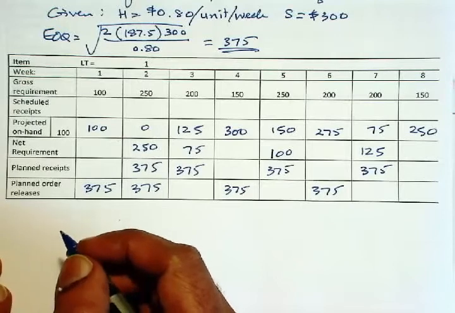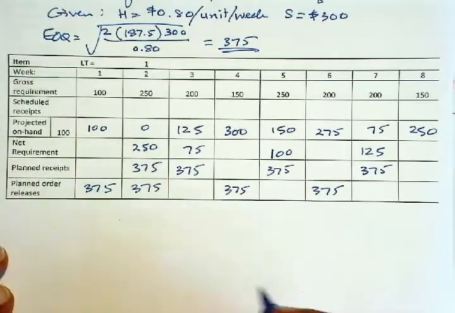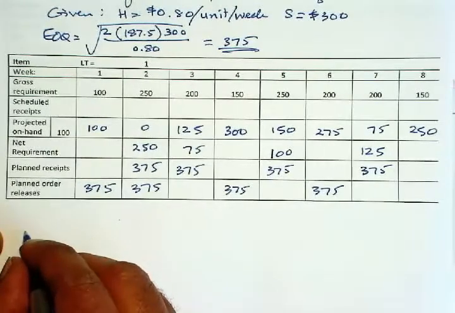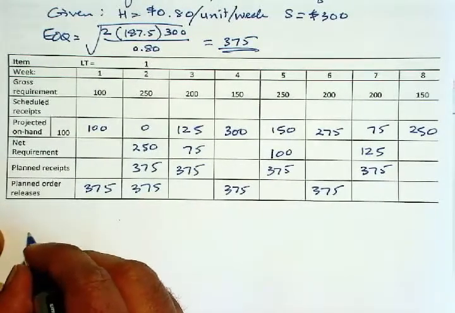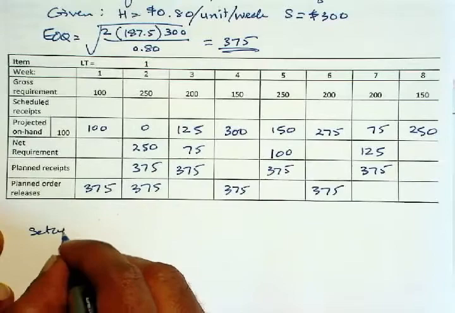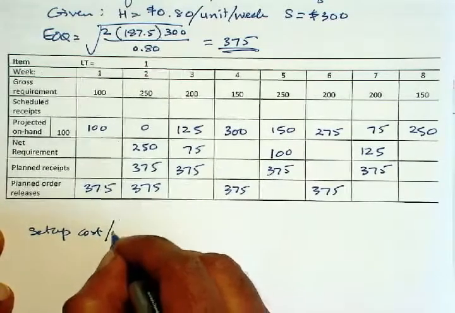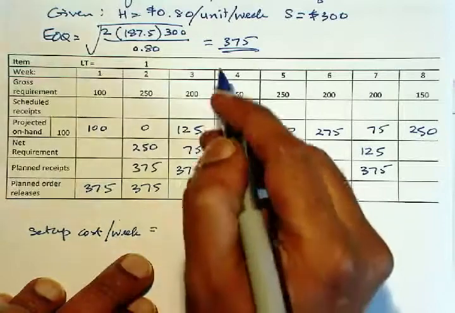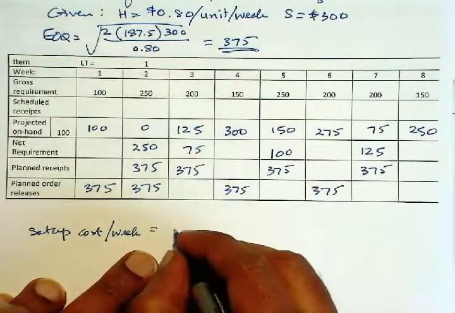Okay, so we'll compute the cost per week. So setup cost per week, the average cost, on the average. So EOQ, so this will be like how many setups.